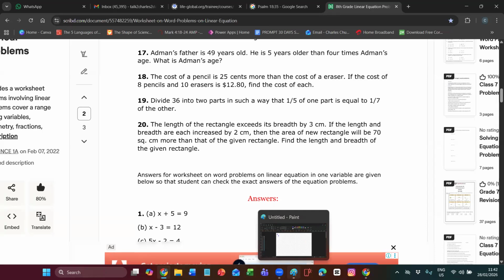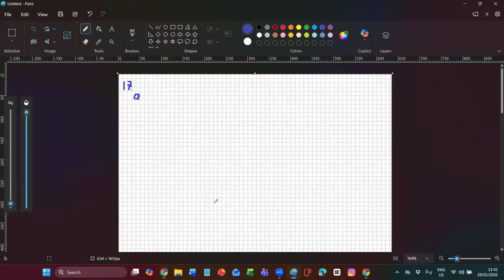Okay, 4a in this case, since we chose letter A. So 4a plus 5 equals 49. How would you solve this?